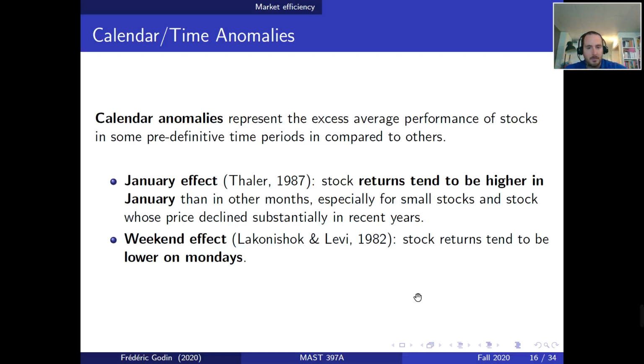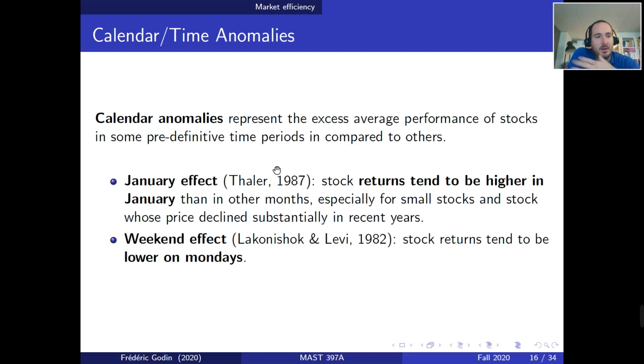So for example, the first of such calendar anomalies that was identified is the January effect by Thaler in 1987. This study highlighted that stock returns tended to be much higher in January than in other months of the year, especially for small stocks and stocks whose price has declined substantially in recent years.